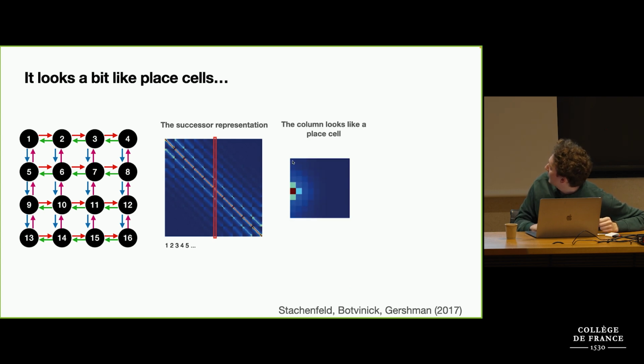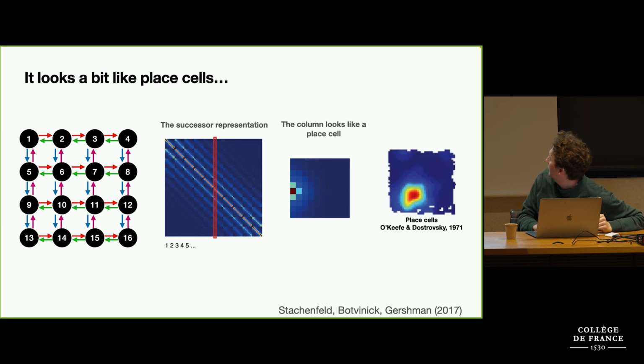And we can see that this cell, when I've mapped this column back onto space, it says, right, if I'm at state 50, I'm likely to be in 50, but a little bit to the surrounding states, and even less to the surrounding states, and so on. But the point is, this is ending up looking a lot like a place cell, one of these place cells that we saw before. So there's some curious interaction between what this matrix looks like and what place cells look like. Okay, so that's the first sort of interesting thing there.